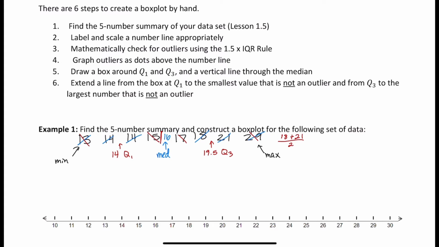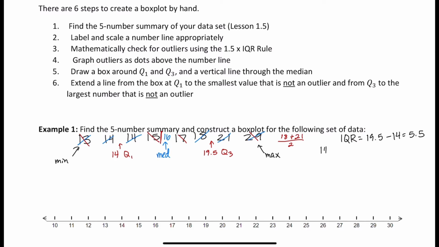Let's look at step 3, mathematically checking for outliers. We need to find the IQR first because that is our rule. Our IQR is always Q3, so 19.5, minus Q1, which gets us an IQR of 5.5.